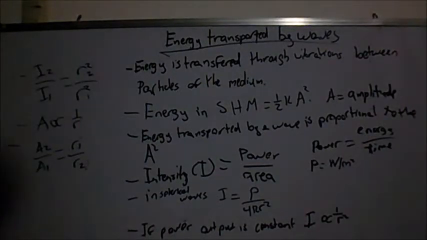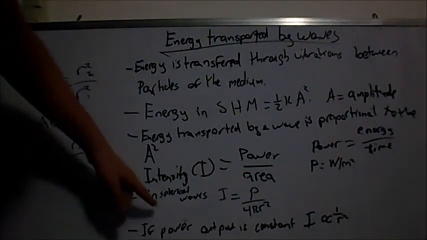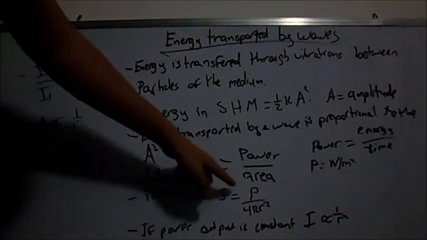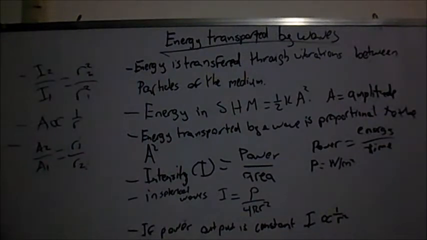So, if you want to calculate the intensity of a spherical wave, it is power over area, and the area of a sphere is 4 pi r squared. So, in spherical waves, the intensity is calculated by power over 4 pi r squared. Now, you know that a wave can be a pulse or a periodic wave. When it's a periodic wave, the source is constant; it keeps going.